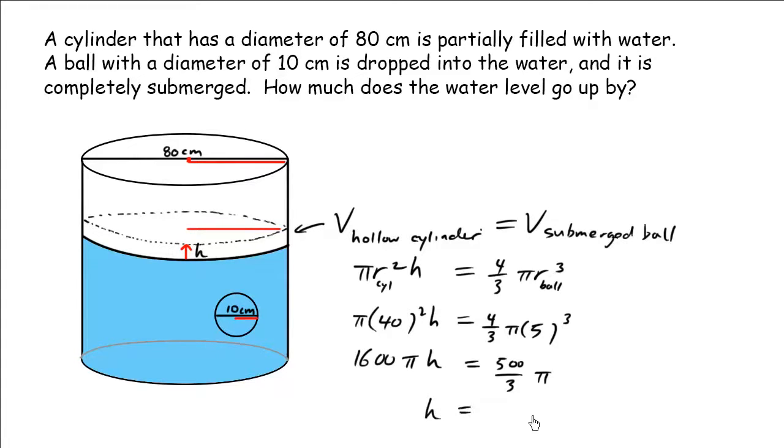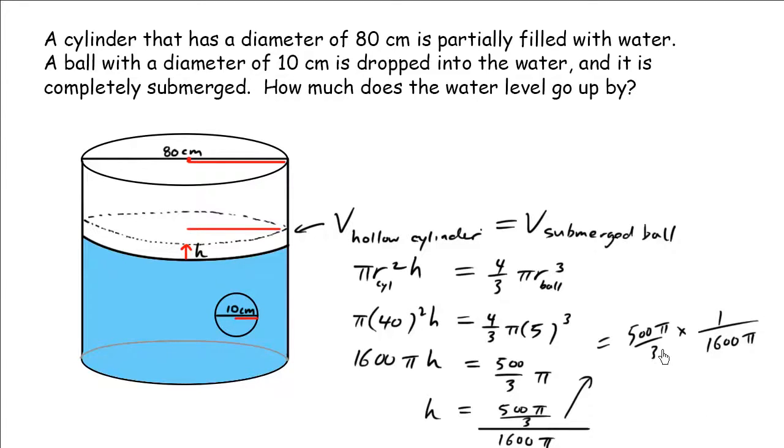We get h is equal to 500 pi/3, all divided by 1600 pi, which, by the way, is the same thing as 500 pi/3 times 1/1600 pi.